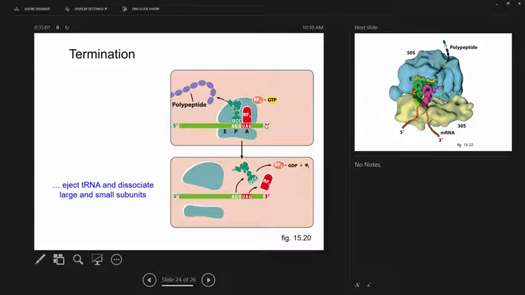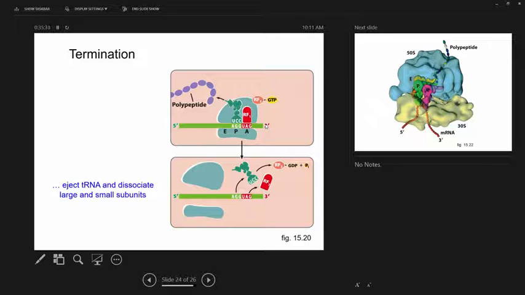The last real transfer RNA is now in the E site. It comes out. Once the last transfer RNA pops loose, then the release factors come out and the large and small subunits of the ribosome dissociate from the messenger RNA. And then they are free to go back and start translating something else.